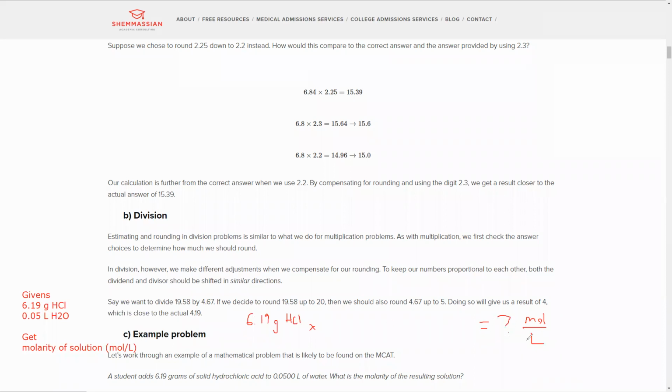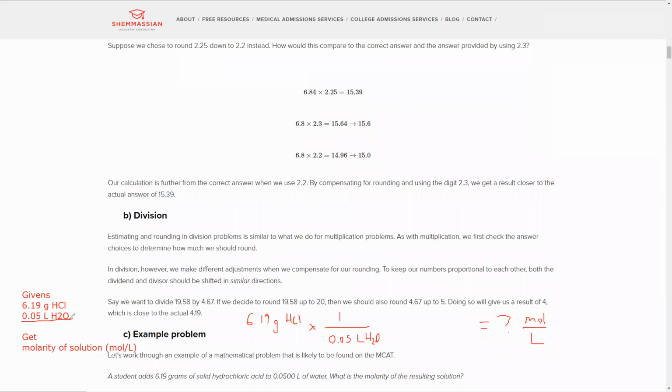If I want this to happen, I see in what I want to get, my liters are in the denominator. So therefore, I know that this value needs to be in the denominator. So I'm going to write this as 1 over 0.05 liters of H2O, because I see that I need my liters to be in the denominator.